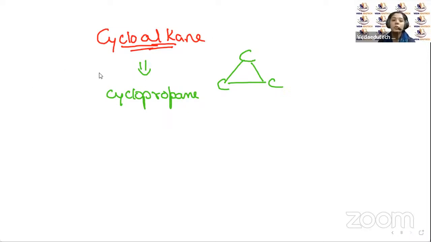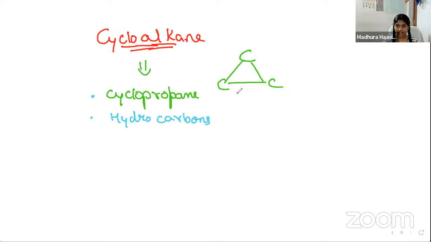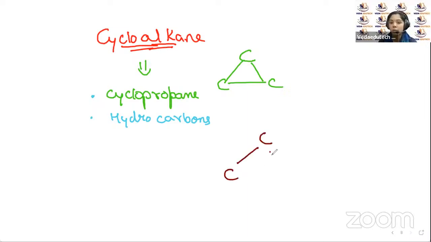They are also hydrocarbons. Hydrocarbons means made up of carbon and hydrogen. And it starts with 3 carbons, that is cyclopropane. When we see the diagram, it will be 1 carbon, 2 carbon, 3 carbon.